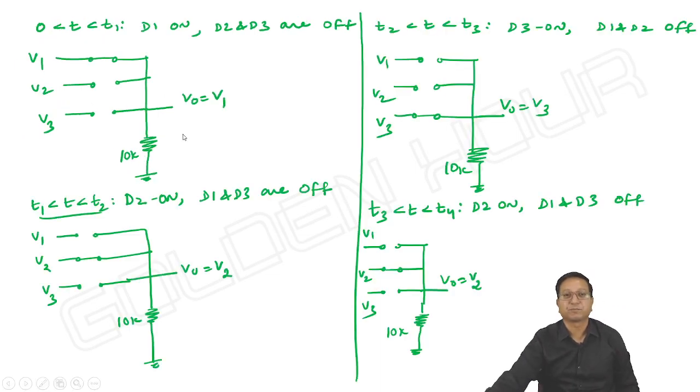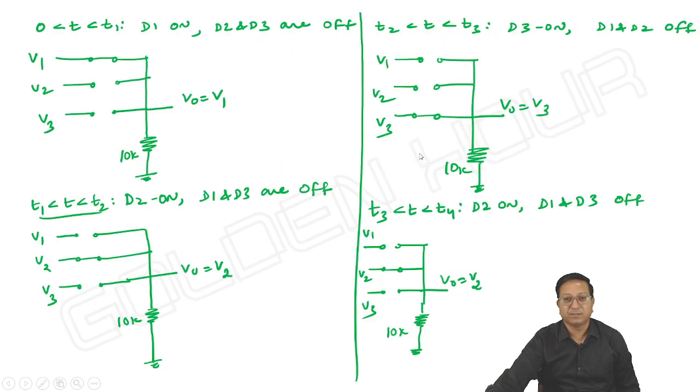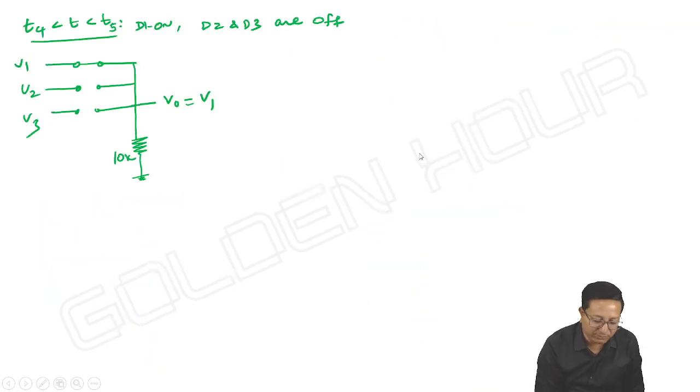Next, for t greater than t5, V1 and V2 are negative and V3 is 0. So there is no chance of any diode conducting. For t greater than t5, all diodes are off, no diode conducts.